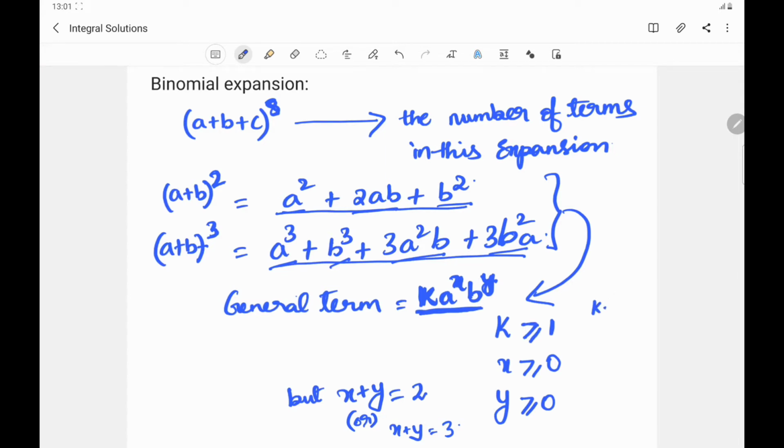Suppose k is equal to 1 and x is equal to 0, and y is equal to 1, we are getting b, and if y is equal to 2, we are getting b square, which is a term in this expansion. So the general term in this expansion can be written in this form.